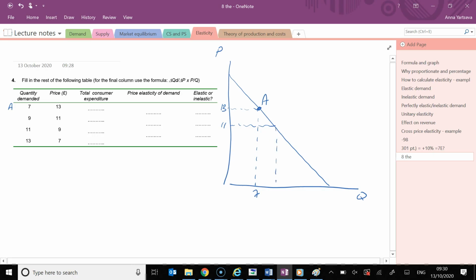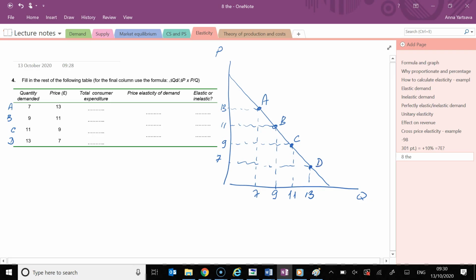Quantity increases by 2 units, to 9. Let's call this point B. Next point, point C. Price drops further to 9 pounds. Quantity consumers are buying increases by the same 2 units to 11. So this will be point C. And the final point is point D, where price dropped even further to 7 pounds and quantity increased to 13.